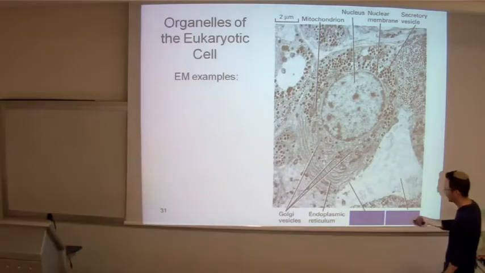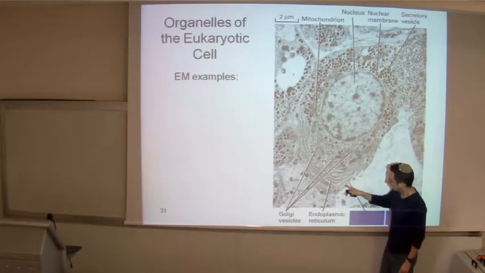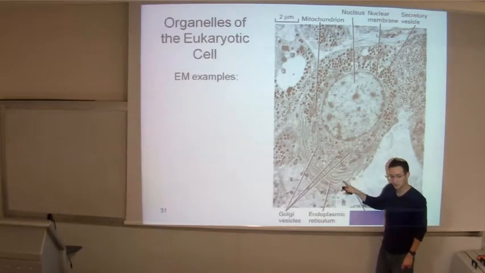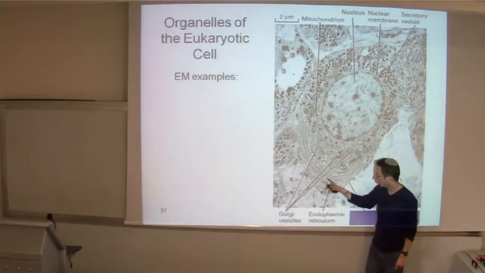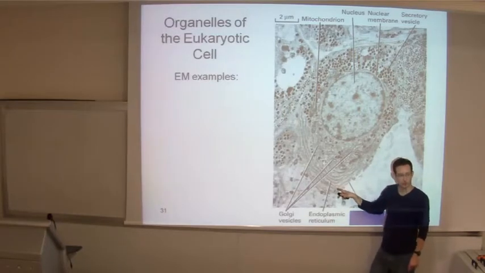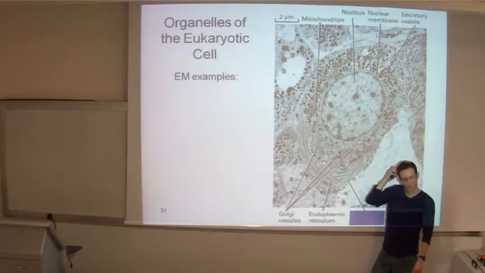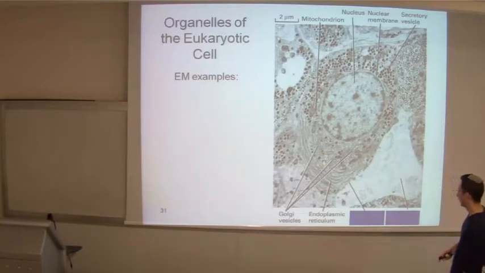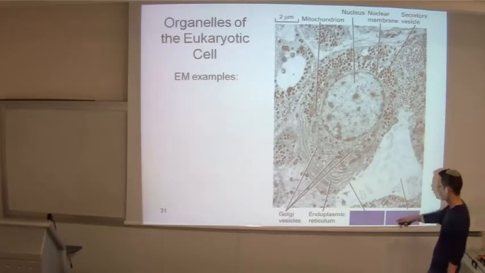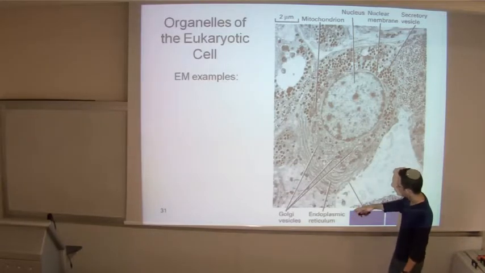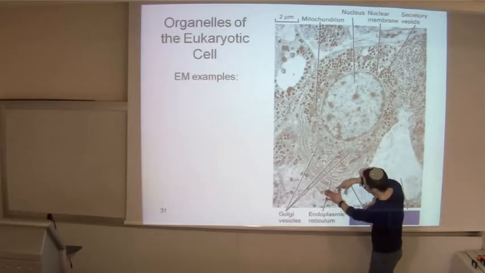Okay, so this is the endoplasmic reticulum, and it's very obvious that this is indeed the ER because it's scattered with these black dots, which are the ribosomes, and that makes it the rough ER, right? You see these black dots right here.